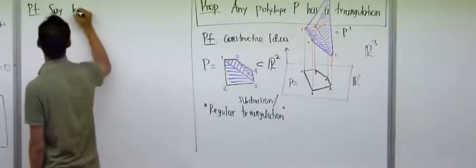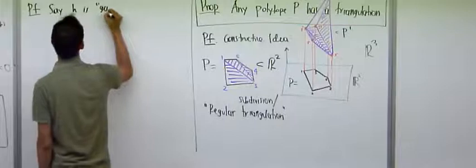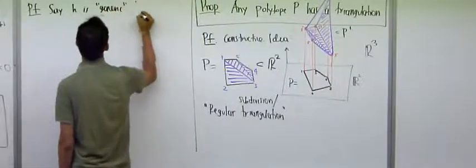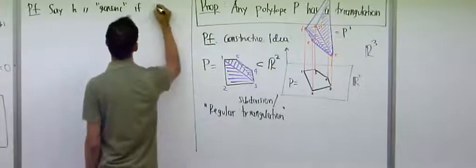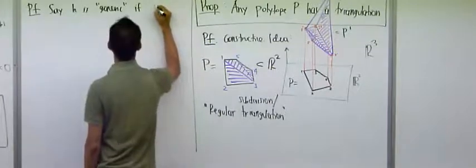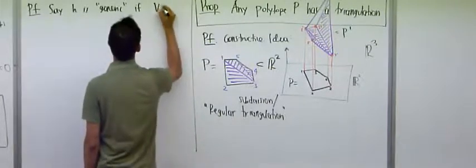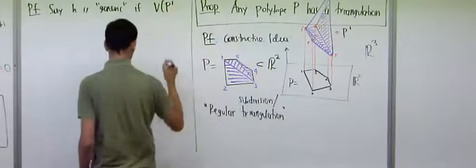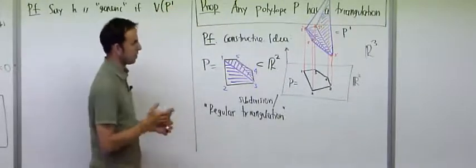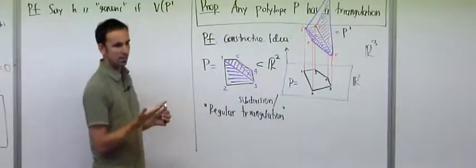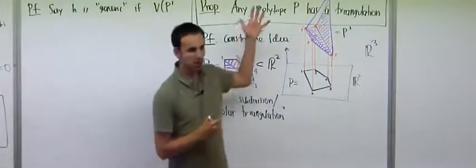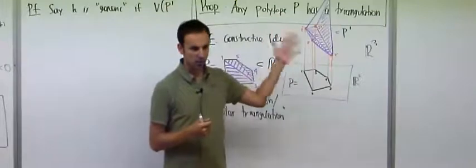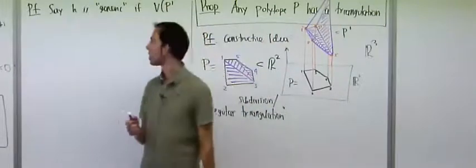Say H is generic if the vertices of P prime, they're all as affinely independent as can be. Okay, so I don't want to have 4 lie on a plane. I don't want to have 5 lie on a 3-dimensional thing.